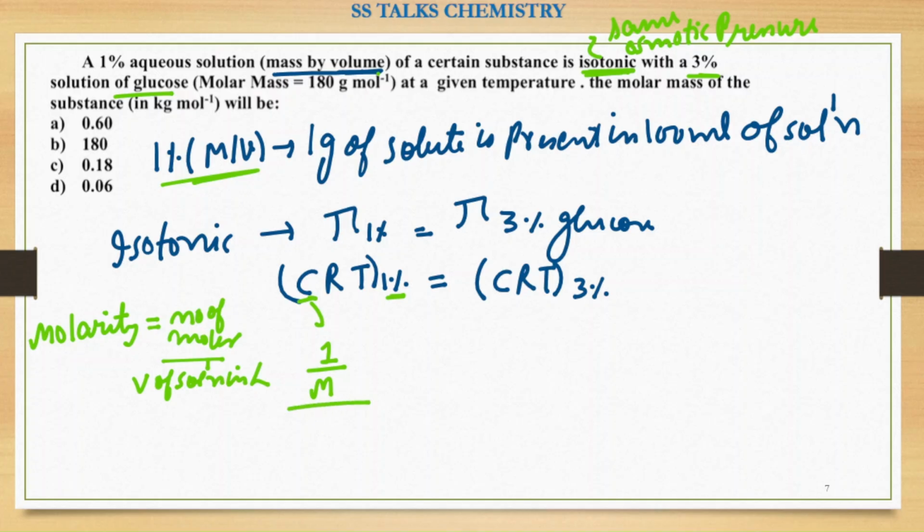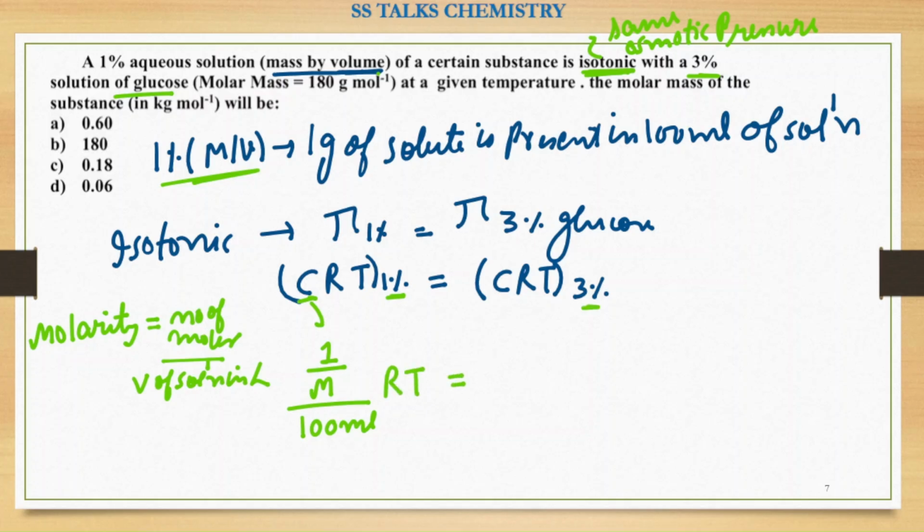The volume of the solution is 100 ml. You can convert ml or keep it as it is, because on the other side the same volume is given. So this is concentration into RT.